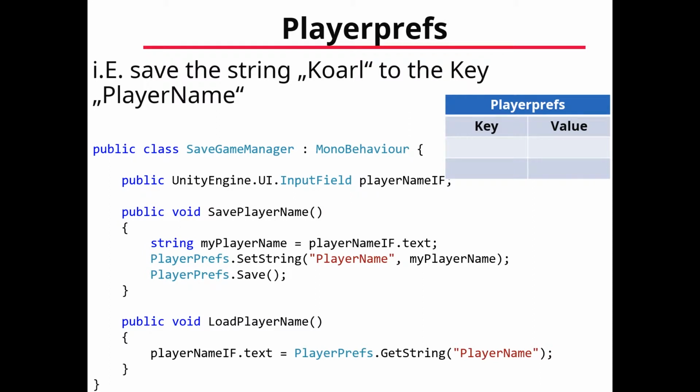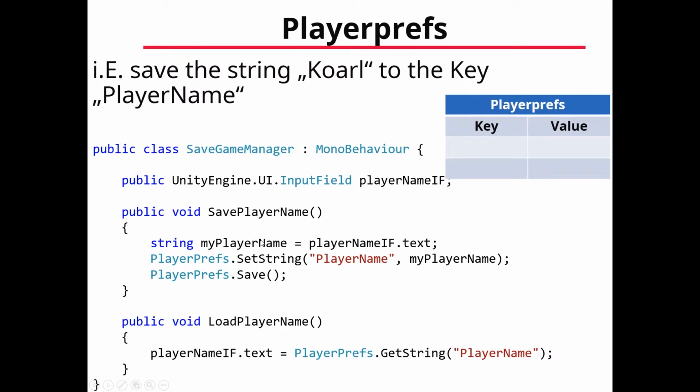So here's a code example, and we want to save the string to the key player name. Let's go through what this code does. First of all, I have an input field which has a text, and I want to get the text that is in there.